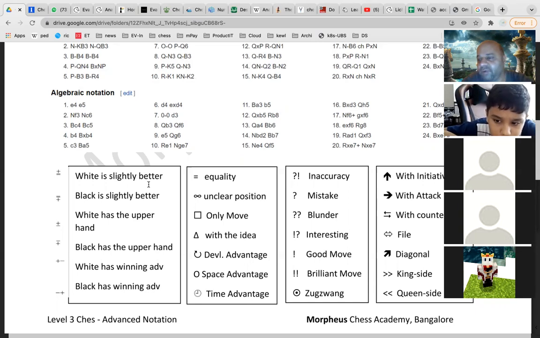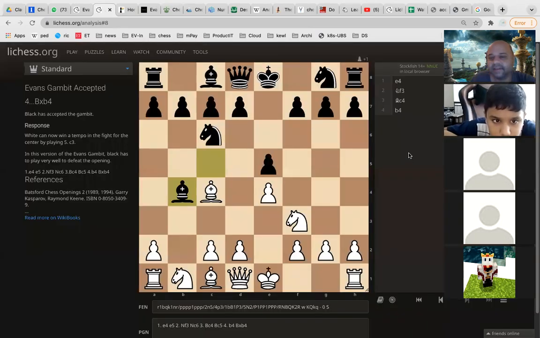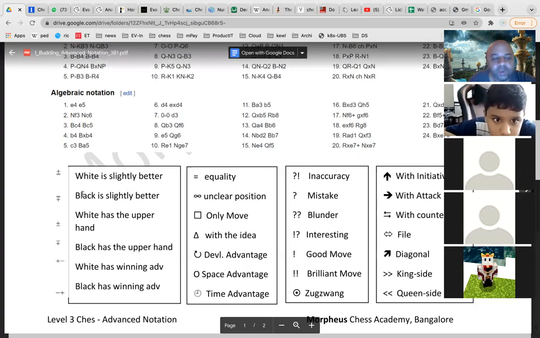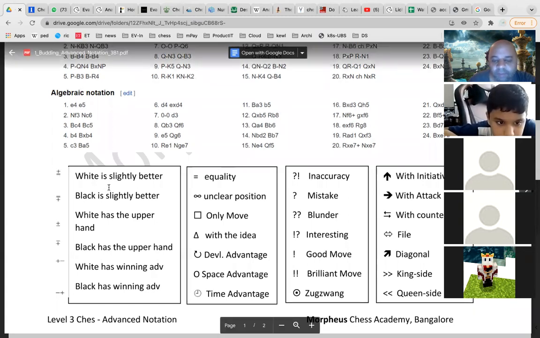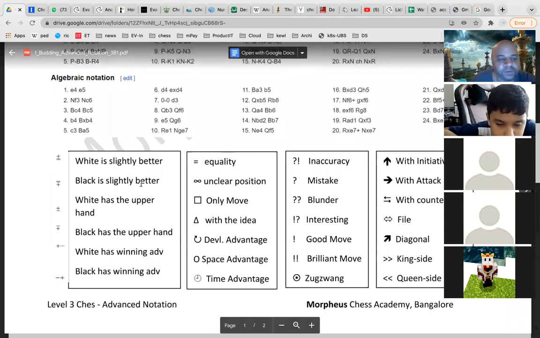Anywhere in the world, everybody understands these symbols. So the chess masters have created not just the algebraic notation, E4, E5, to describe the game, but also symbols for many other things that happen in the game. Can you see these symbols? I want you to learn these symbols also. I took a print screen of the symbols.